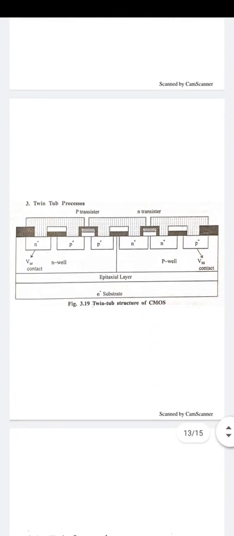Here an N-type substrate is used with an epitaxial layer. Twin tub combines the N-well and P-well processes, using both technologies in the CMOS fabrication process.